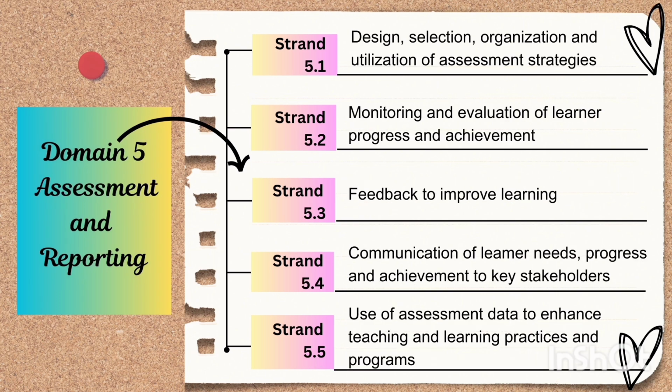So, domain 5, assessment and reporting. So, strand 1, design, selection, organization, and utilization of assessment strategies. 2, monitoring and evaluation of learning progress and achievement, feedback to improve learning, communication of learning needs, progress and achievement by key stakeholders, and use of assessment data to enhance teaching and learning practices and programs. These points underscore the importance of assessment in informing instruction and supporting students' learning.